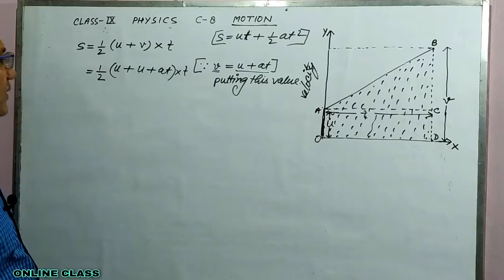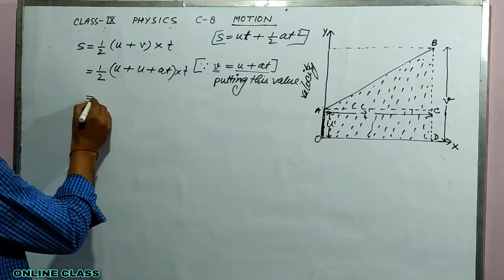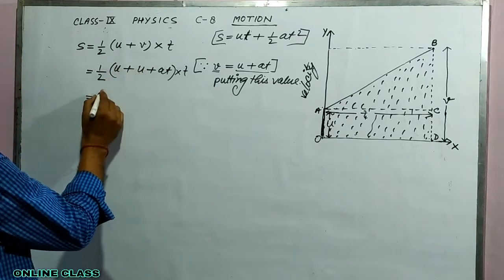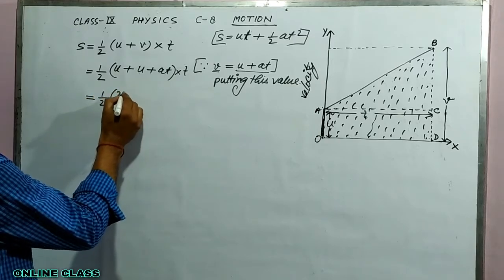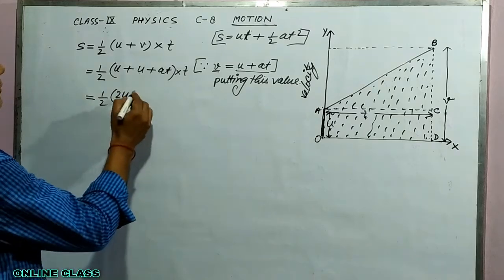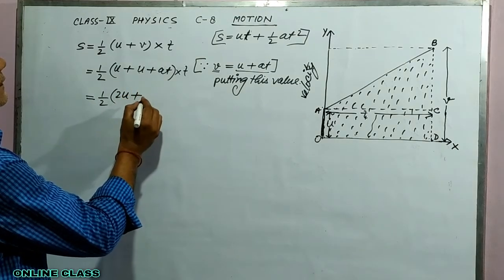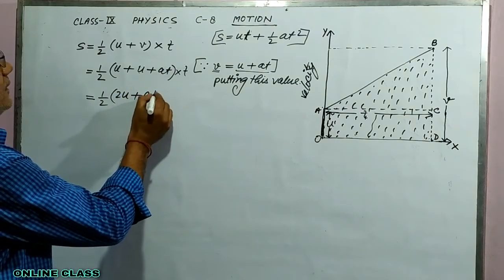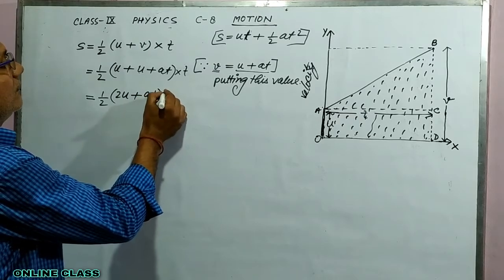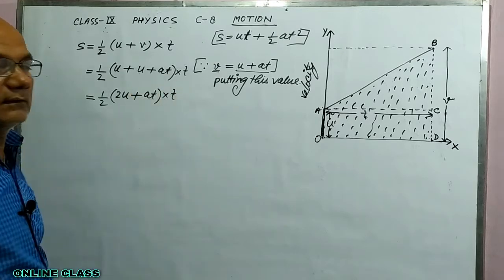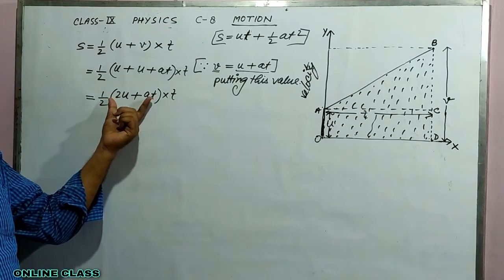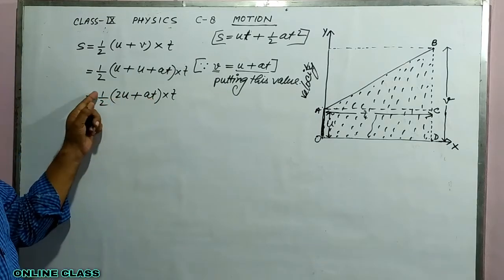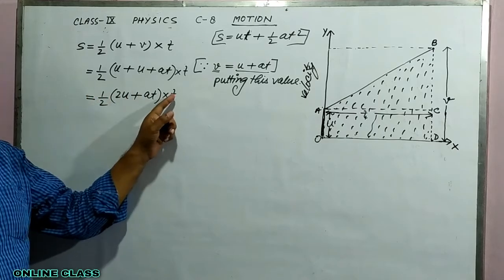Okay. Now you can see u plus u is actually 2u plus at into t. Now, outside this bracket there is 1 by 2 and t.